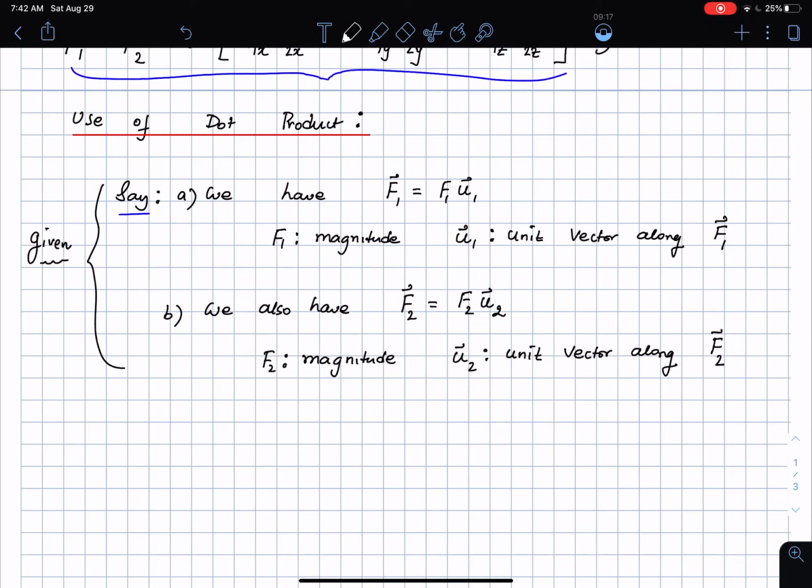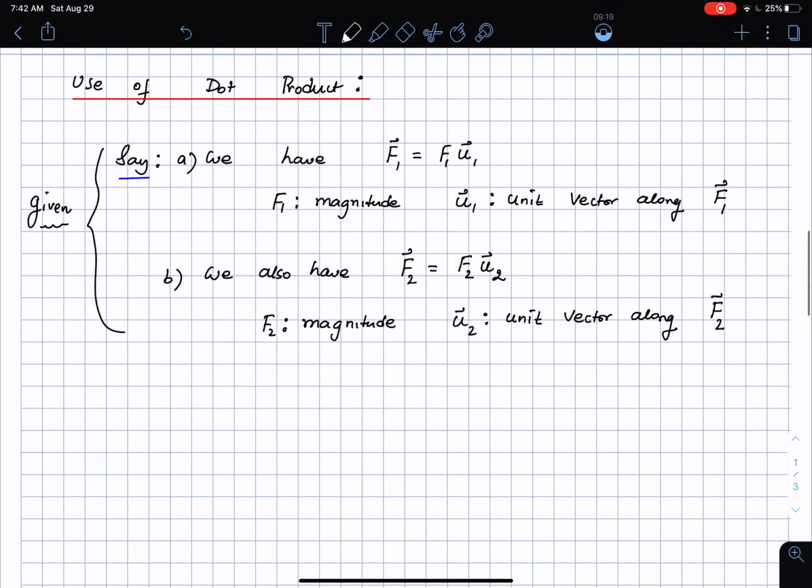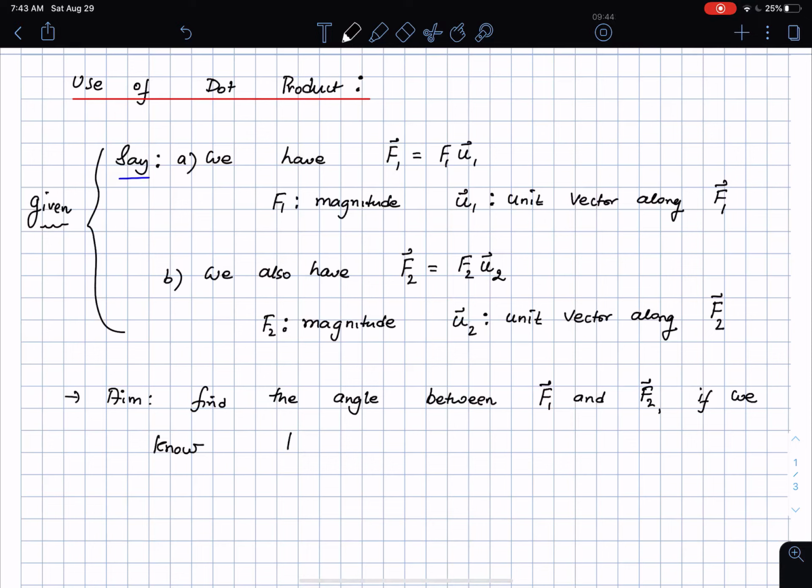Okay, if this is the case, then my aim is how do I find the angle between the vector f1 and the vector f2? So my aim is to find the angle between f1 and f2 if we know the f1 magnitude, f2 magnitude, u1 and u2.